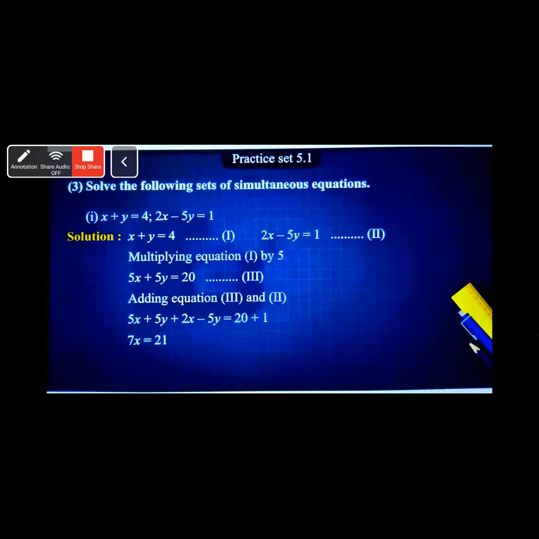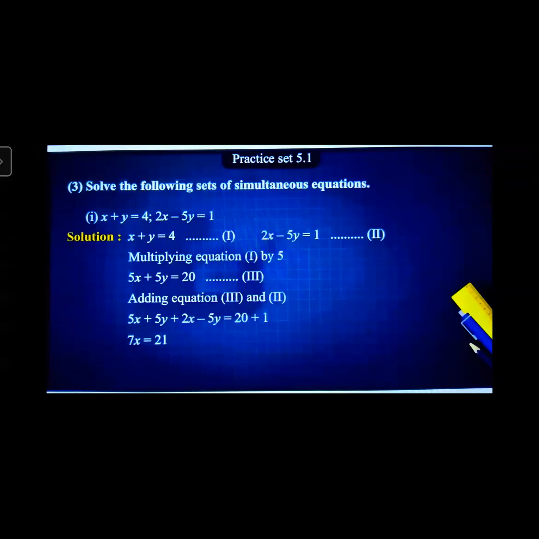So what we are going to do, multiply equation 1 by 5. So 5x plus 5y is equal to 20. We get this, and students, this was your first step of using the method of elimination. Accordingly, we have to make changes. We can add, subtract, multiply in such a way that we can reduce either x or y.